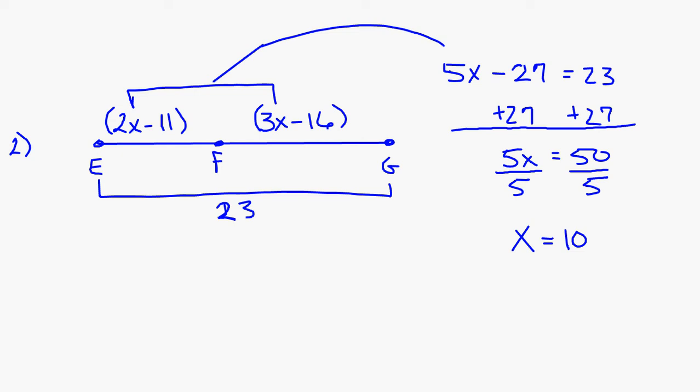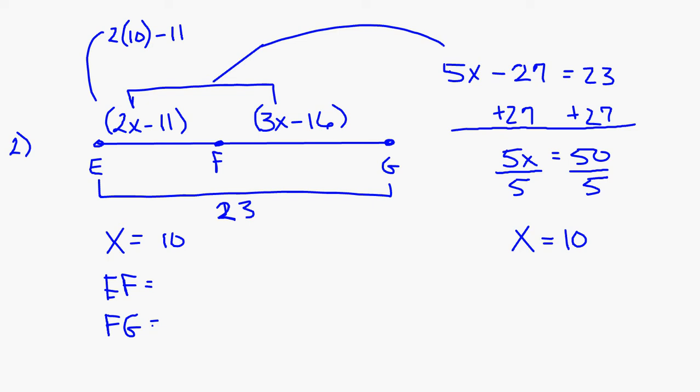Now the question was, find the value of x, E to F, and F to G. So we got x equal to 10. To find E to F, we replace this x with a 10, right? So right up here we go 2 times 10 minus 11.